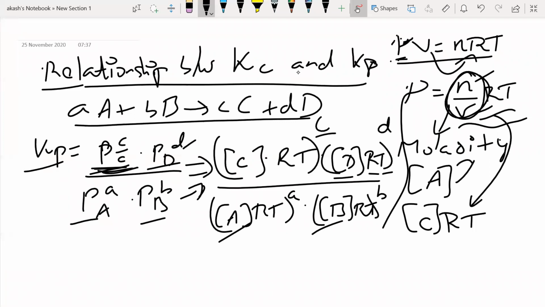Okay, now it's going to be pretty simple. Now what I'm going to do is take all the RTs out. So now how will I write this?